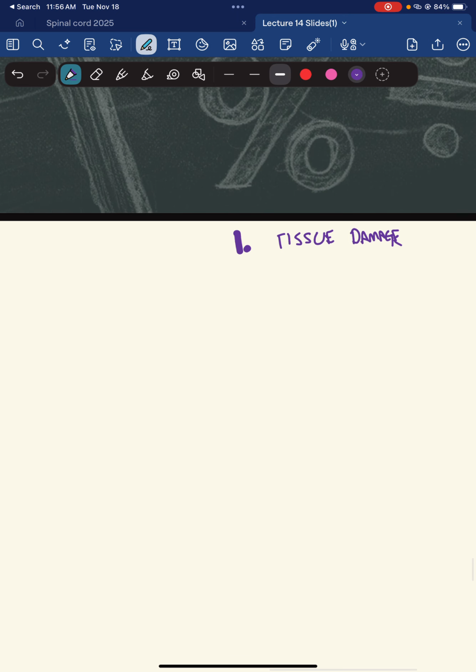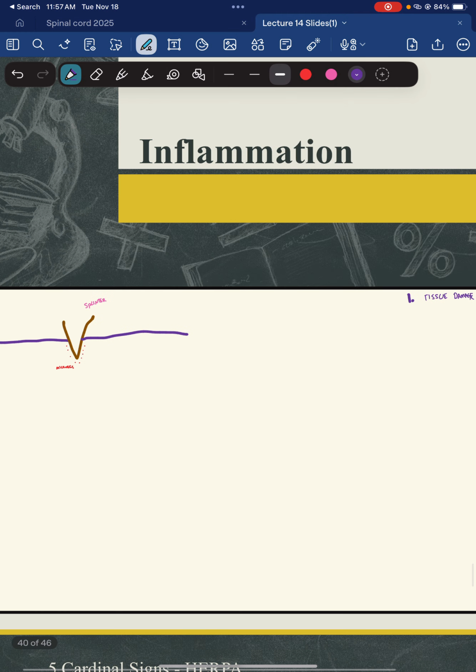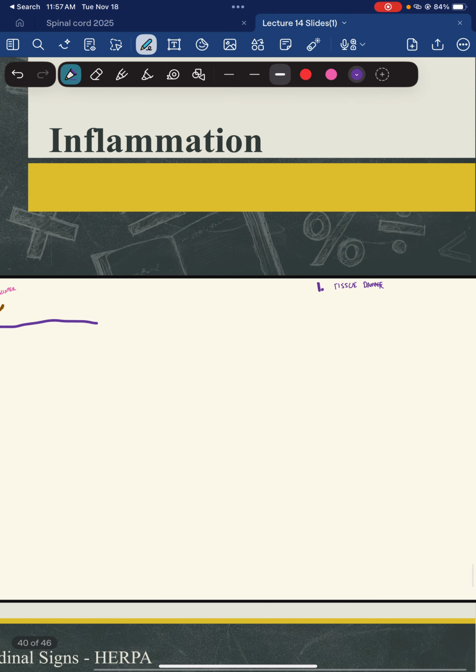So it's not just detecting a foreign pathogen here. Because if you think about jamming your finger or breaking a bone, you get serious inflammation with that. But it's not because a bacteria was there, it's because something happened. It's tissue damage. So it was tissue that wasn't supposed to be there is now there.